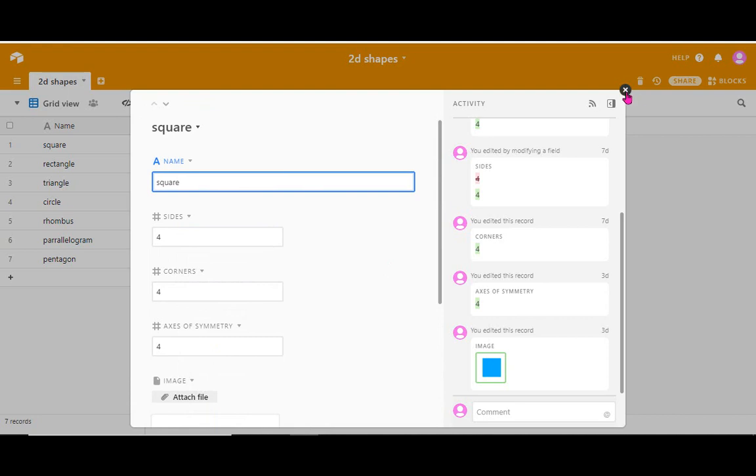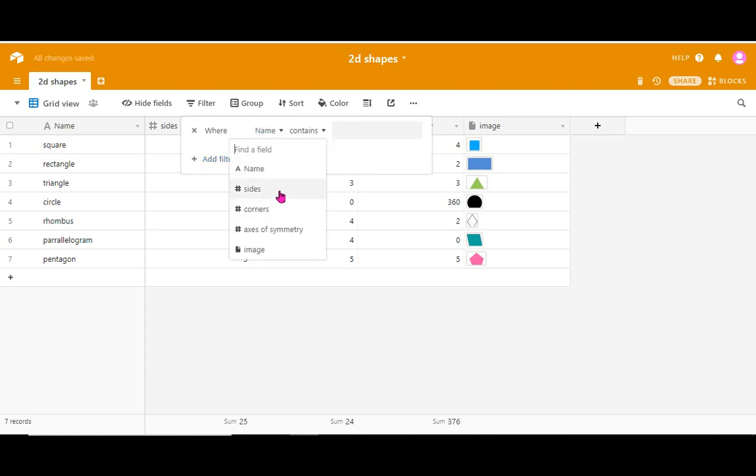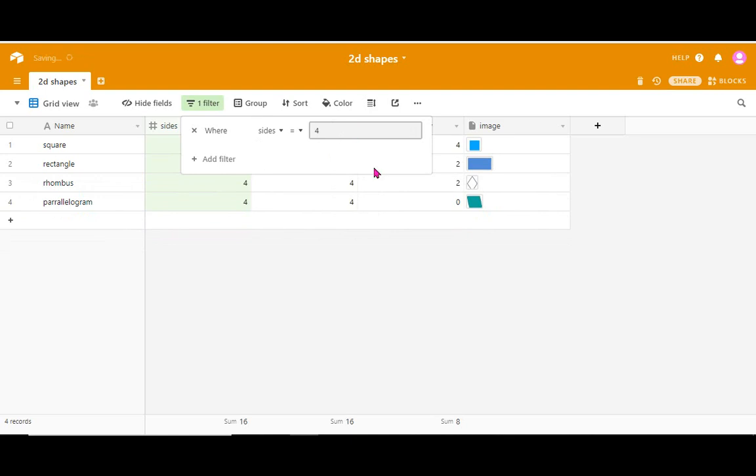So that might even be useful for learners when they're learning new ideas to build up an easy table like this. Quite a simple flat table where they can add different characteristics. And again, it's quite easy to spot patterns. If I look at sides, shapes which have 4 sides, we could look at the similarities between them.